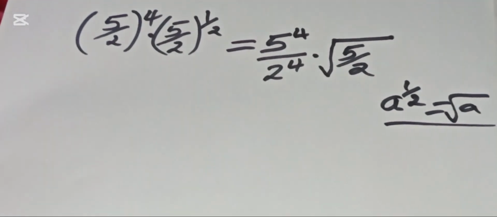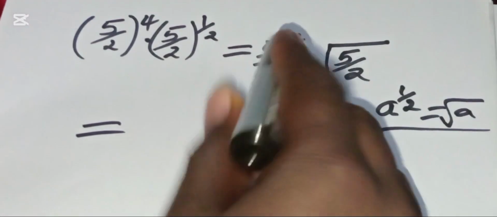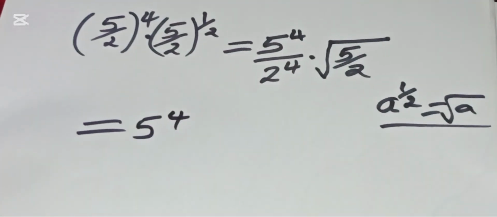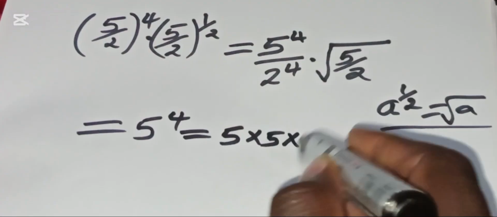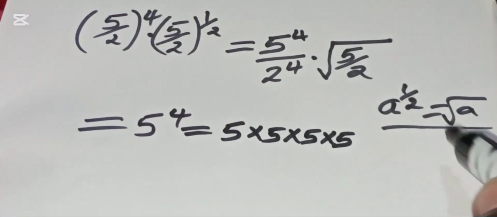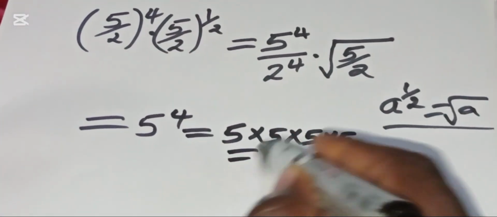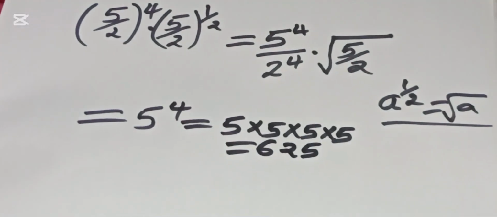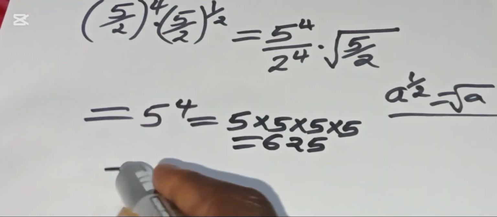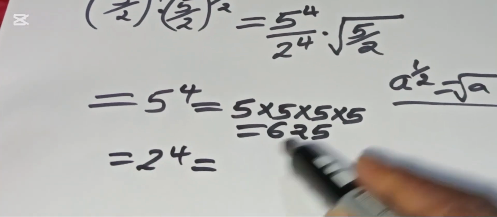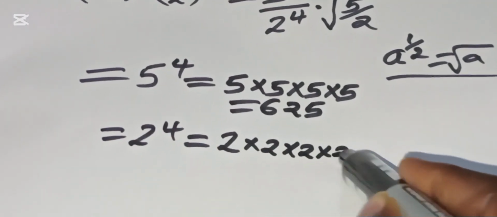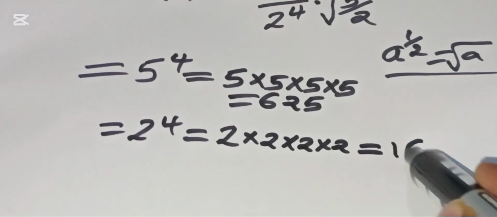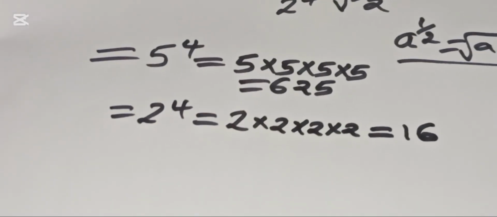Now 5 raised to power 4 is the same thing as 5 times 5 times 5 times 5, so this is equal to 625, all right? And then we have 2 raised to power 4, which is the same thing as 2 times 2 times 2 times 2, which is equal to 16, okay? So let's substitute this.